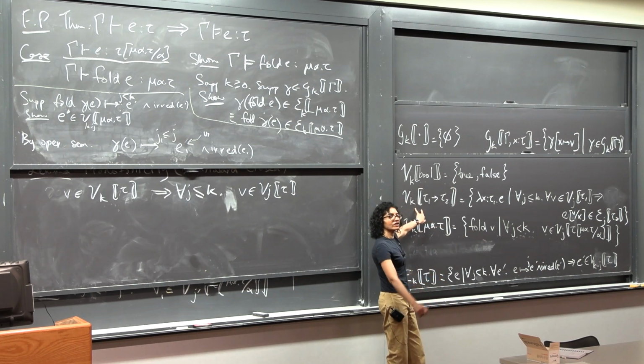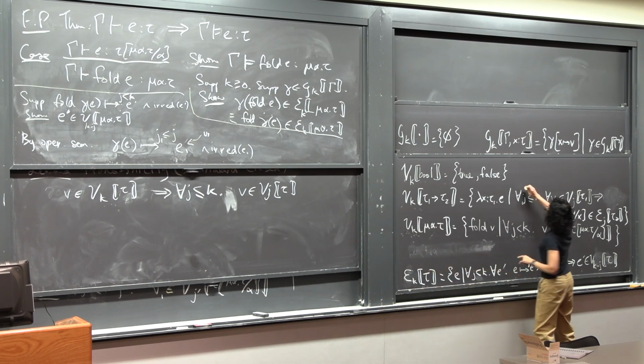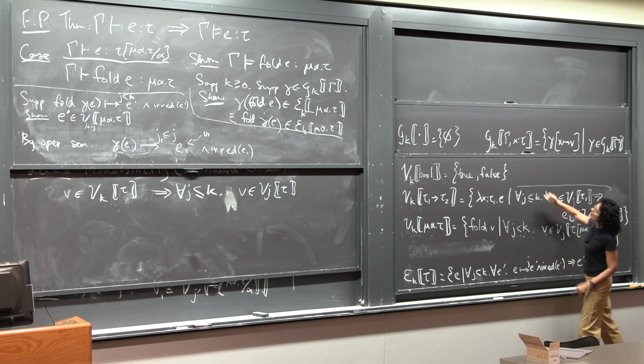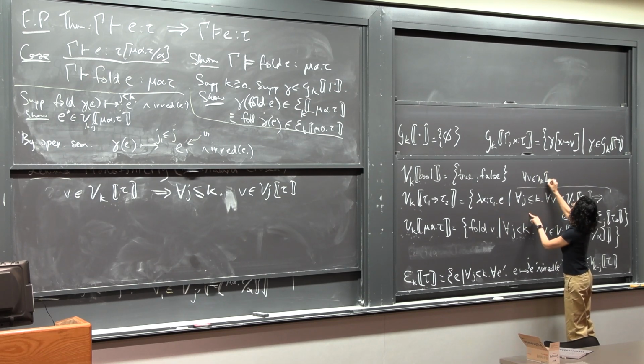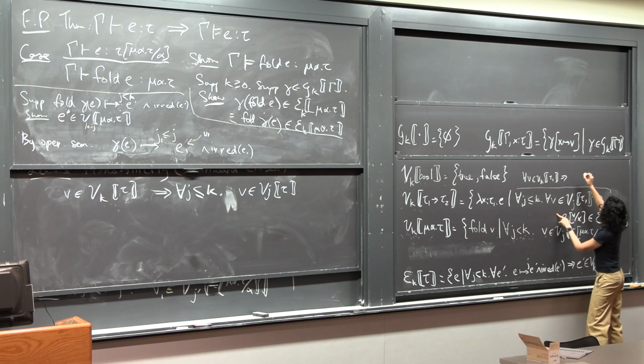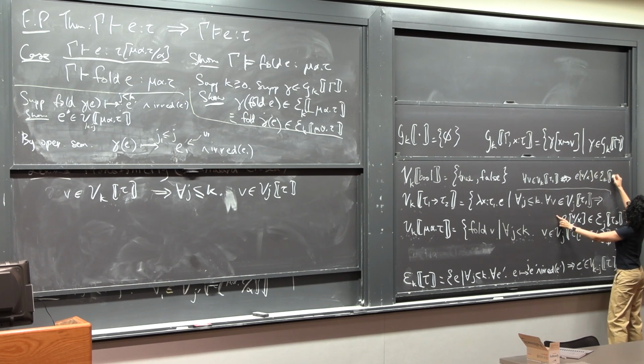Functions are interesting. This is what I talked about yesterday. I want you to do the proof of monotonicity for the function case, okay? It'll go through, but if you had done the definition of functions differently, if instead of all of this, you had said, oh, for all lambda belongs to this, if for all v that belong to tau 1 for k steps, then I can go ahead and do the substitution, and e[v/x] belongs to this for k steps.